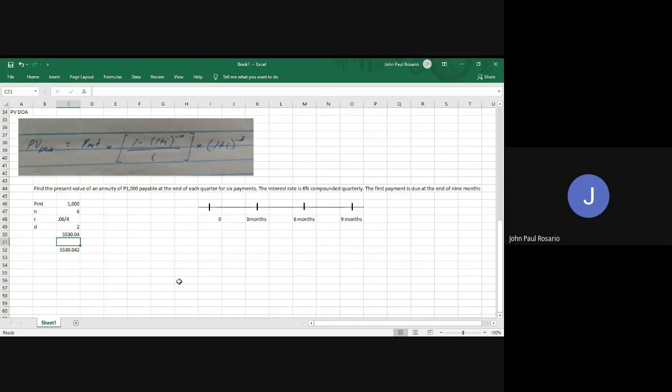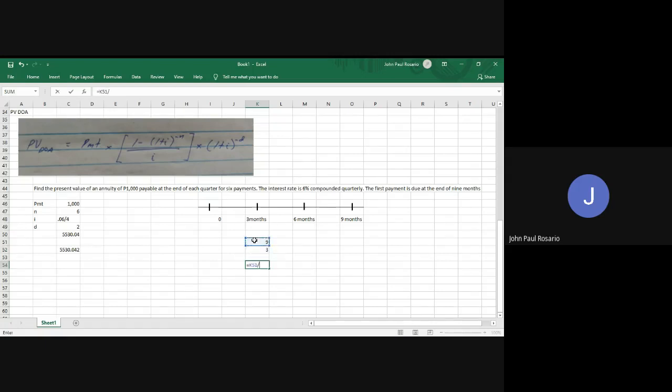Okay. Question so far. How did we get the D, sir? We get the D like this: the payment is at the end of 9 months, right? And how many months are in every quarter? 3. So how many quarters are covered?